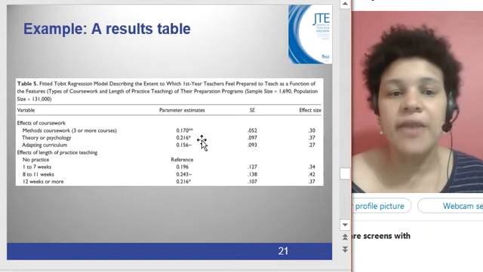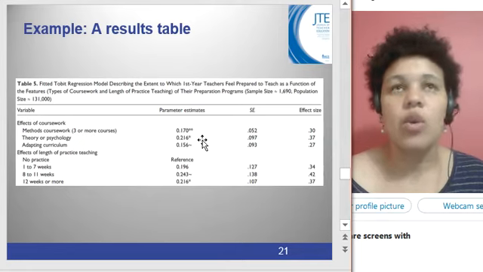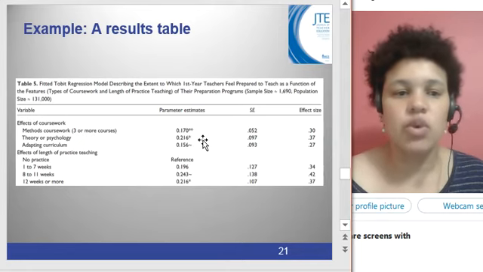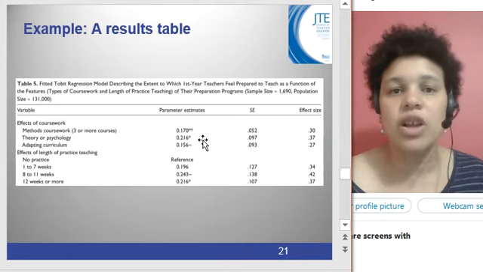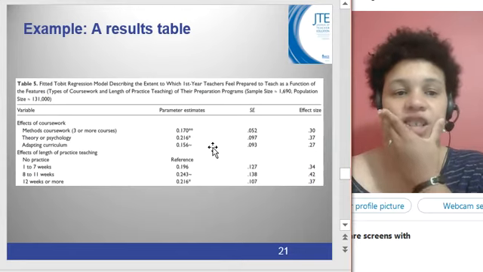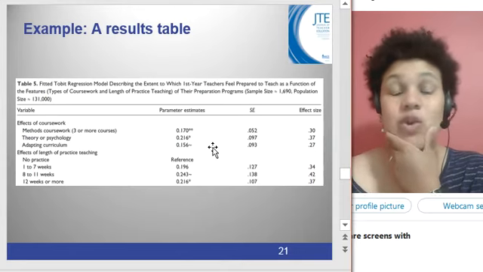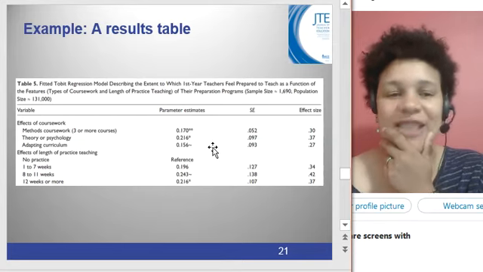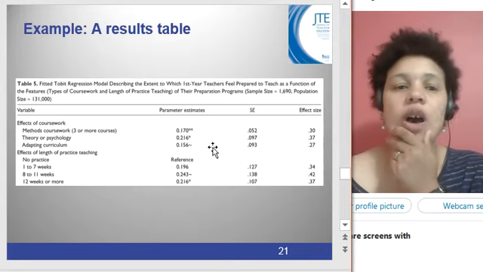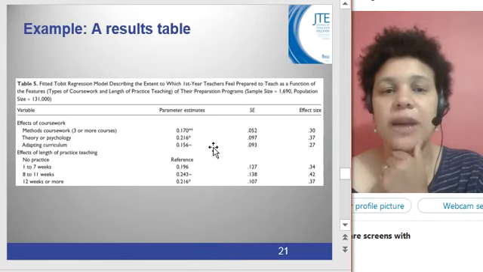It showed that prospective teachers who received methods coursework, when they became teachers in their first year, felt more well prepared than teachers who did not receive methods coursework.